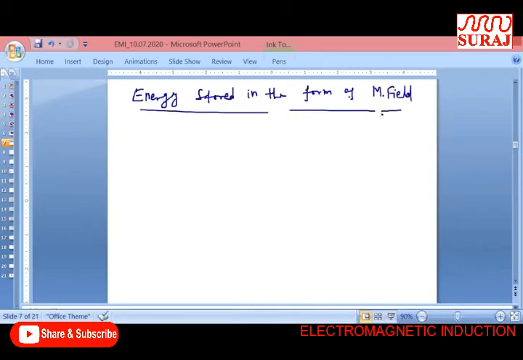The inductor we have, with the current I flowing through it, has a value L. What is the value of this inductance?